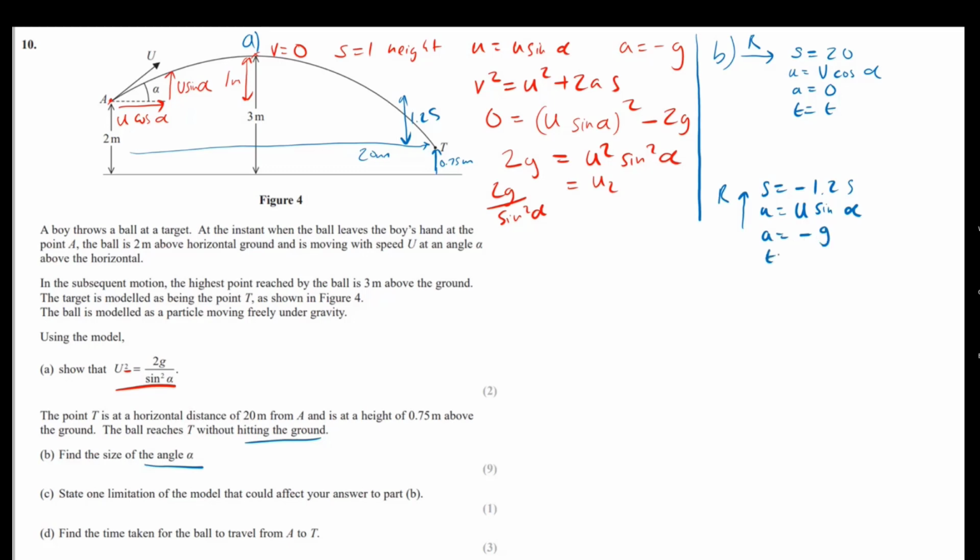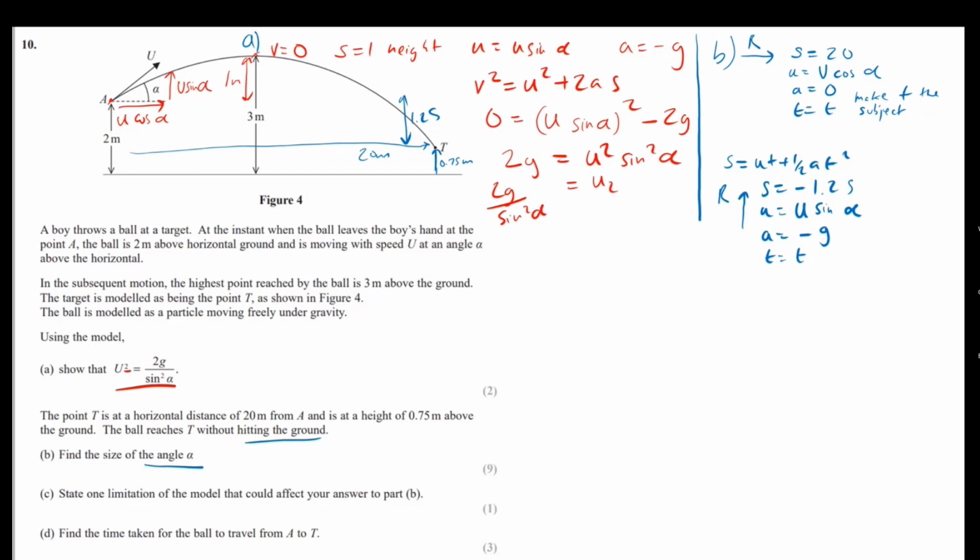Oh, and t equals t. And you're always going to use s equals ut plus a half at squared for both. I'm going to put that here. Make t the subject for this part, because that's easier to do.